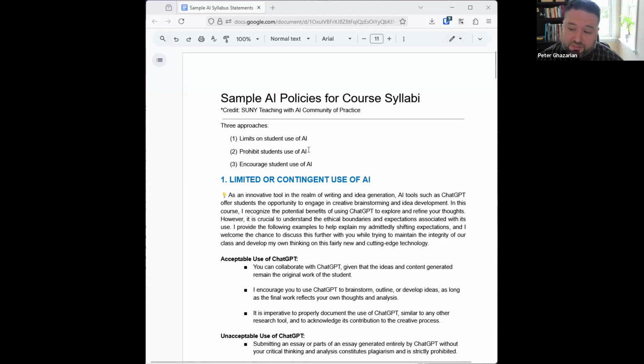You can completely prohibit use of AI within your course, or you can encourage open use of AI within the course. And faculty members across the SUNY system are operating at all three of these levels. So it's up to you to make a determination about what level you're okay with.